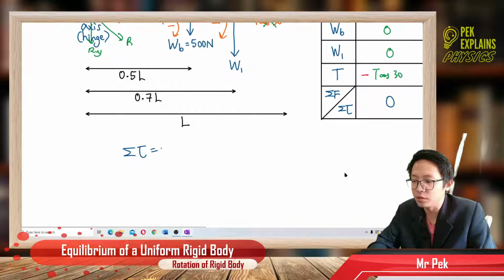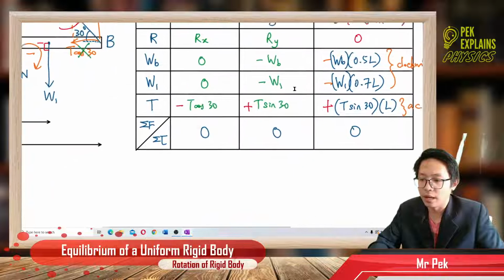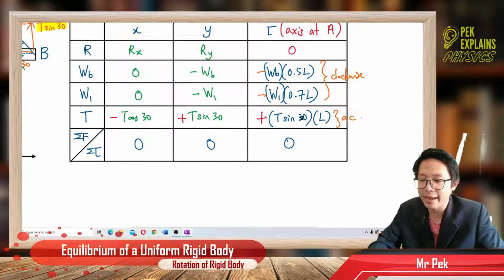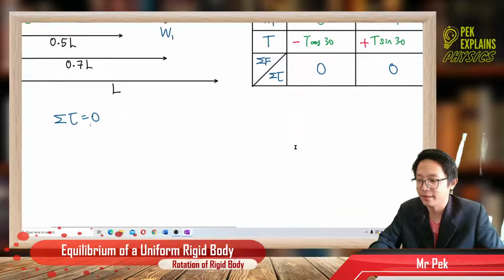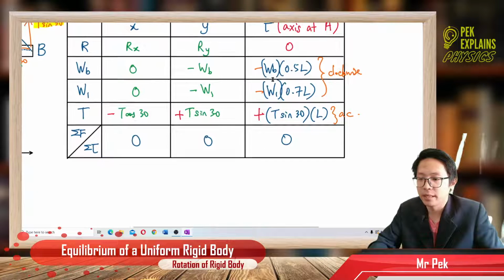Total torque equals 0, so we add up everything equal to 0.